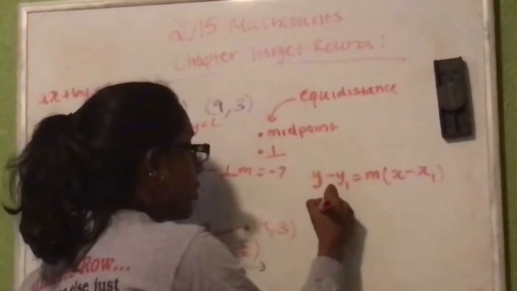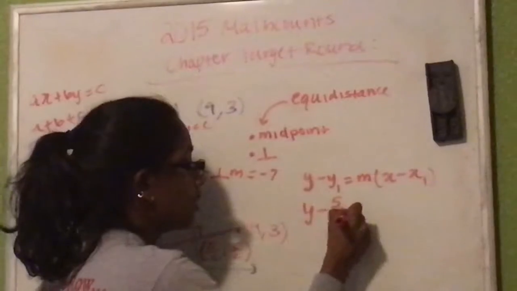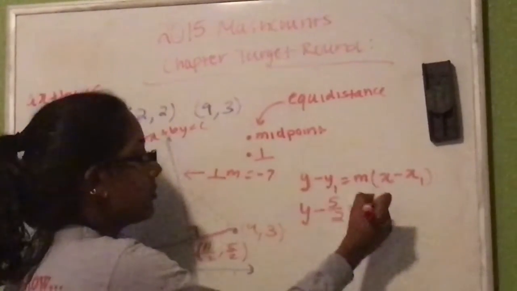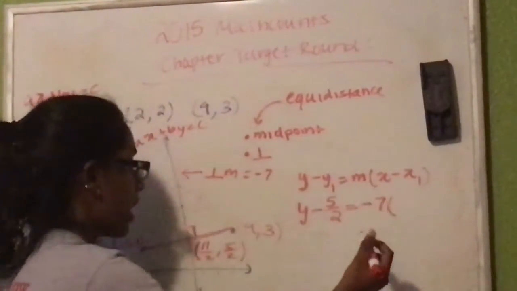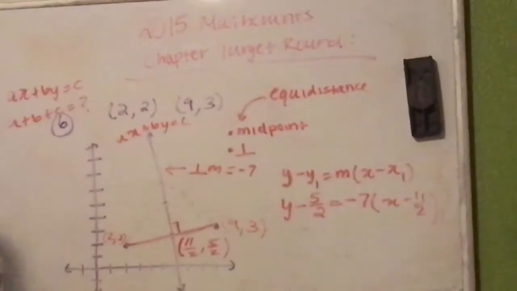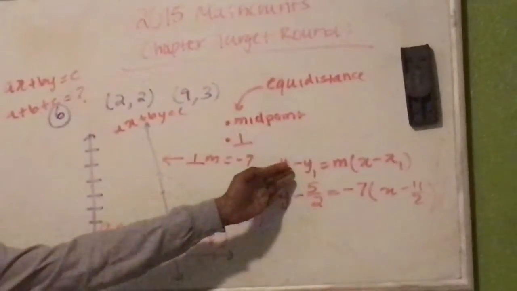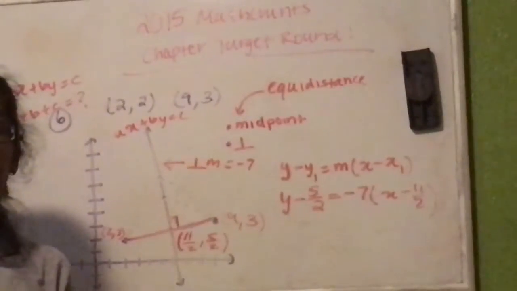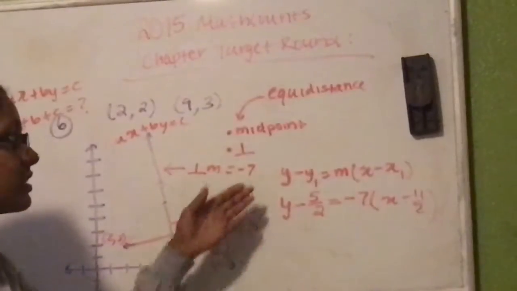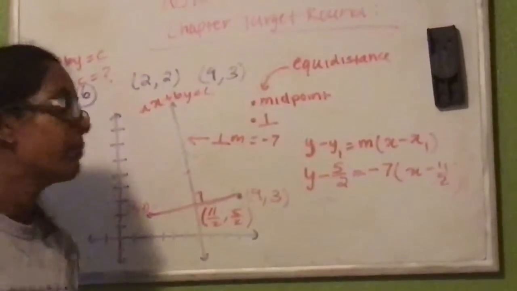We know y minus y1 is y minus 5 over 2, is equal to m, which is negative 7, times x minus 11 over 2. All I'm doing is plugging in the information that we have just derived into the point-slope formula. You can review this from your slope notes from algebra or find this anywhere online, and it'll give you more thorough, in-depth information about the point-slope formula.